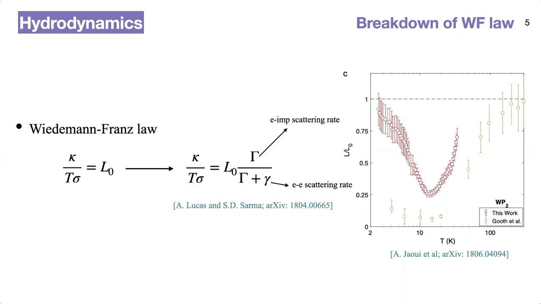Well, that does not hold for hydrodynamics, as shown in both theory and experiment. The Lorenz number now attains a prefactor, a ratio smaller than 1, which also depends on the scattering rate. On the right-hand side, people find a clear signature of this variation of the Lorenz number in some electronic materials.